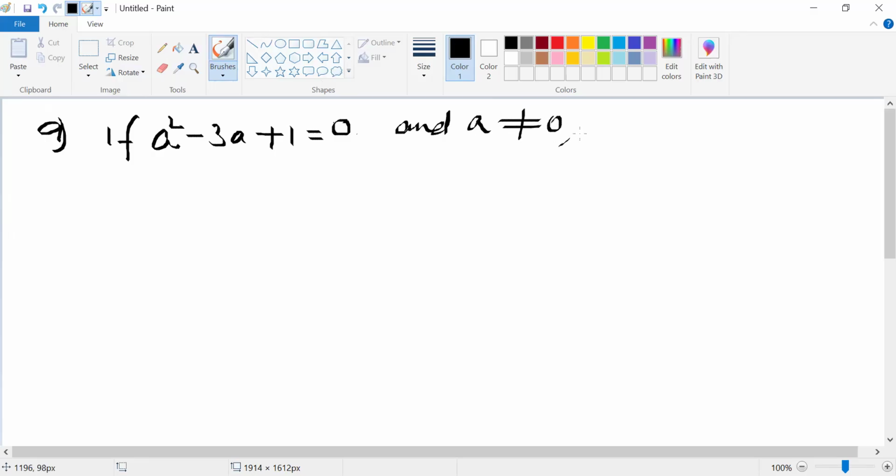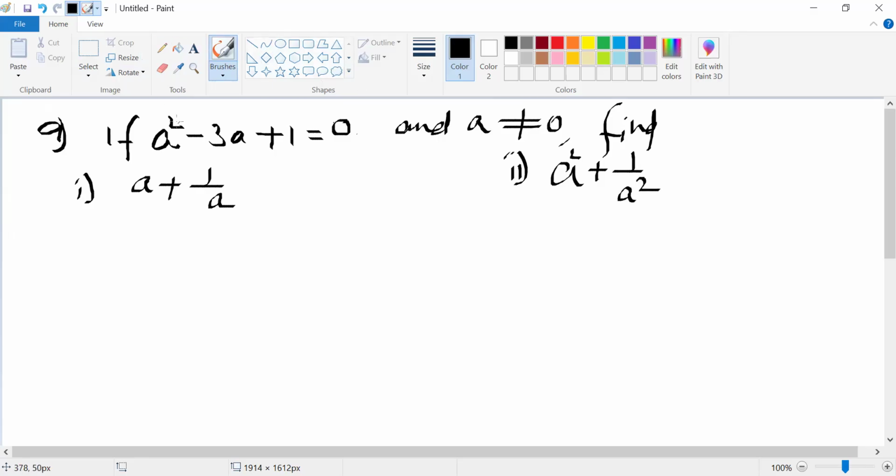Okay. Find a plus 1 by a, and the second question, a square plus 1 by a square.